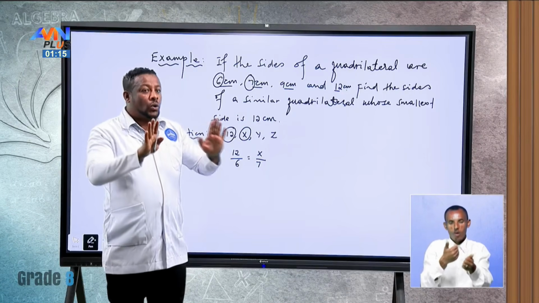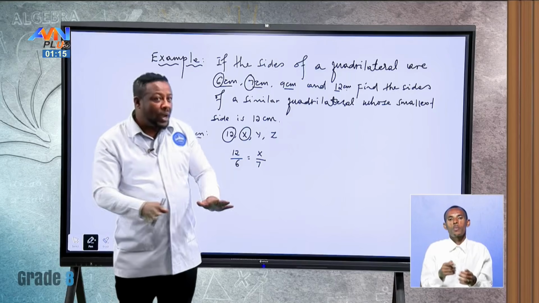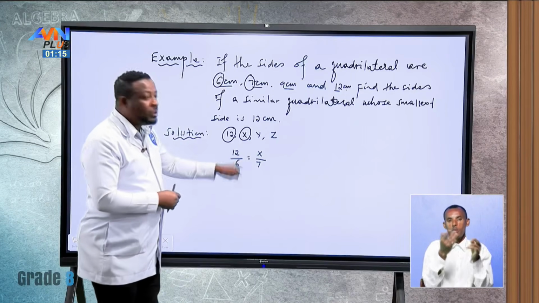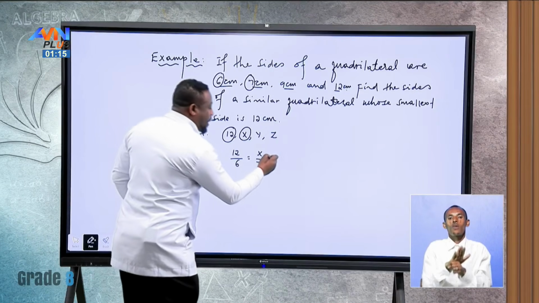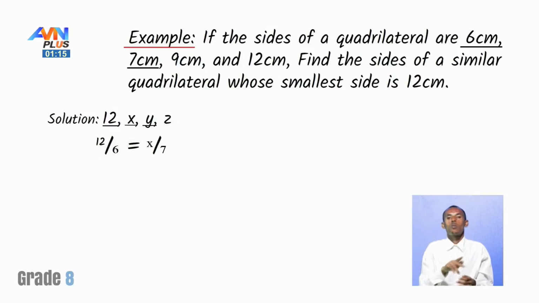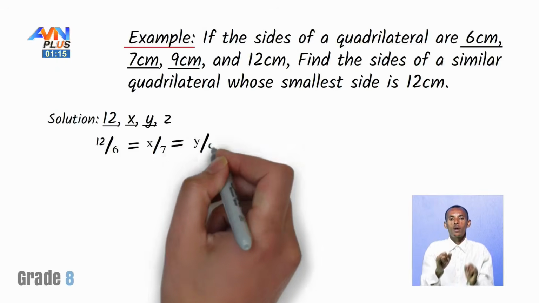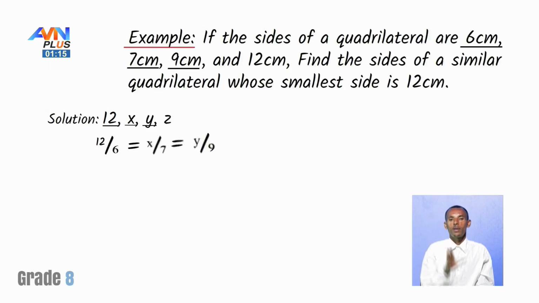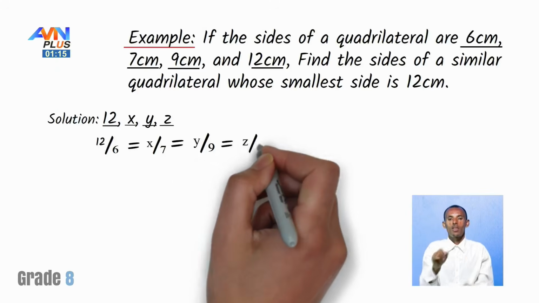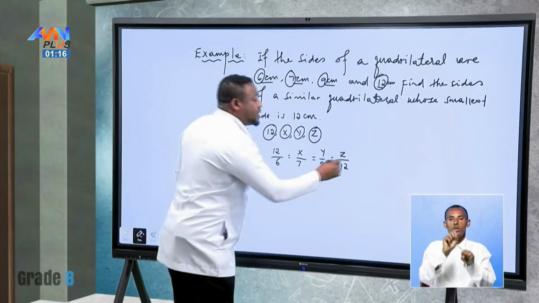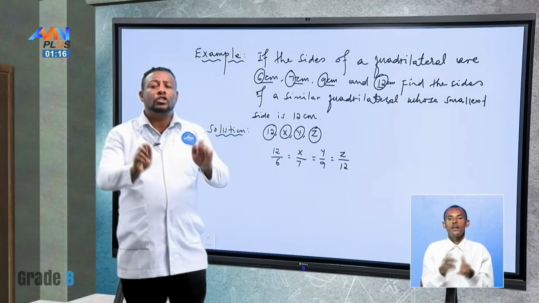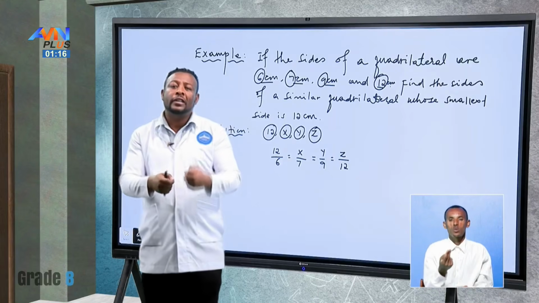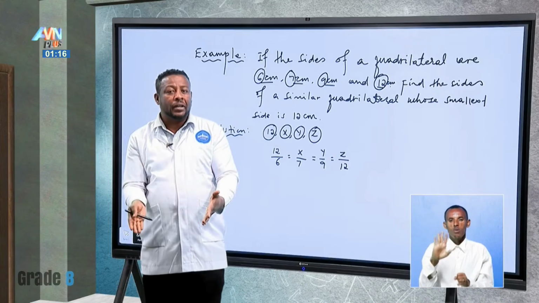So you need to understand it that way. So this should be fulfilled. The next proportion is y over 9. And the last proportion is z over 12. Okay, so this is the first step that you need to apply to find the unknown sides.